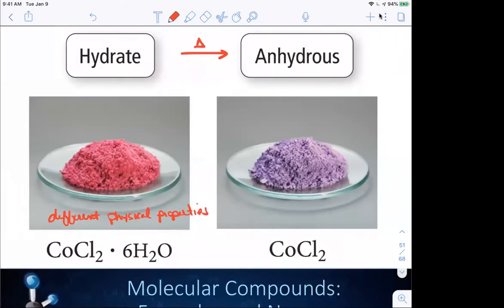For example, this cobalt(II) chloride hexahydrate is this red color. And when I drive off the water, so when I make it anhydrous, which means without water, this would be the anhydrous salt because the water's not there. It's this beautiful purple color.